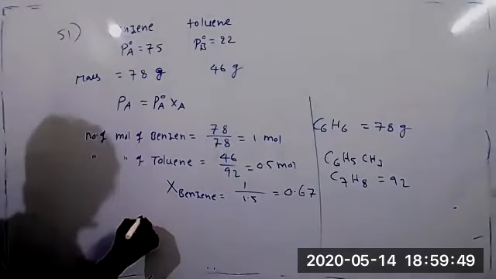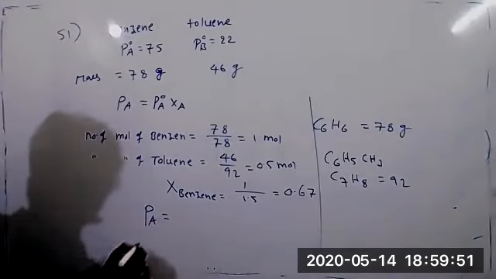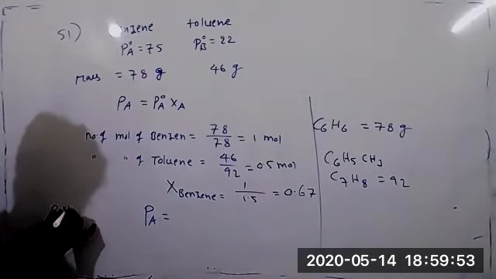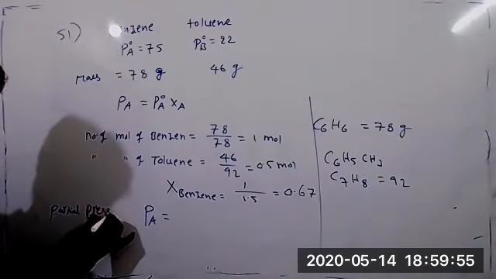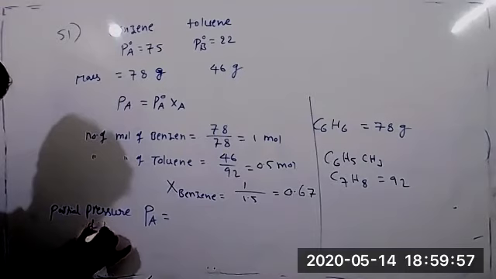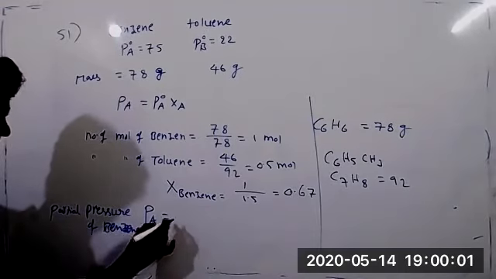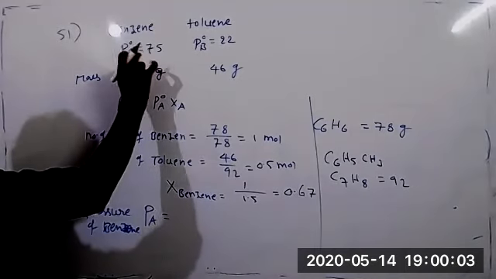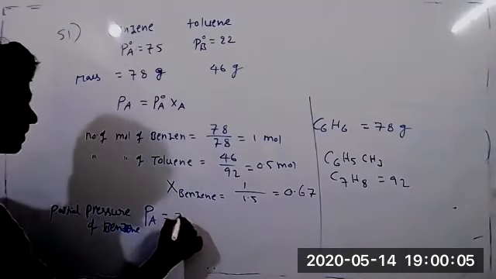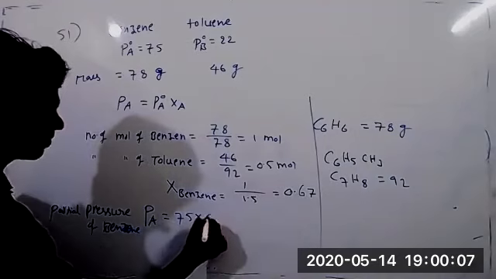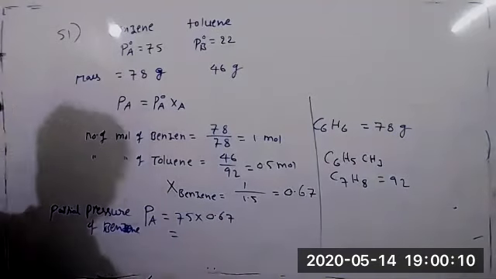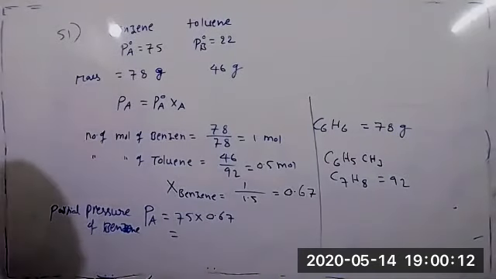Substitute in this formula. PA is the partial pressure of benzene. In the pure state, benzene pressure is 75 and its mole fraction is 0.67. Multiply this value.